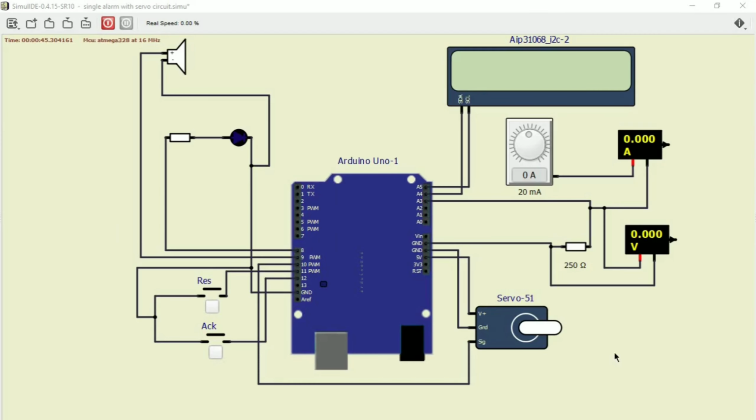Hello, this circuit is about an industrial alarm system with a valve control, and on the right side of the circuit you can find a servo motor that will be used to simulate an IP transducer valve.